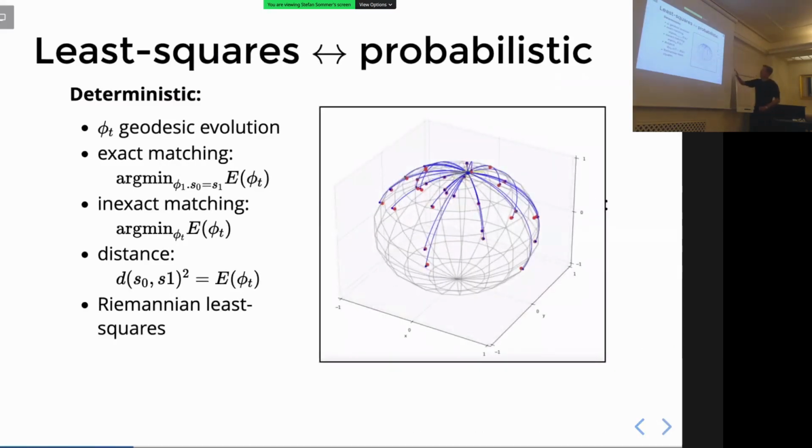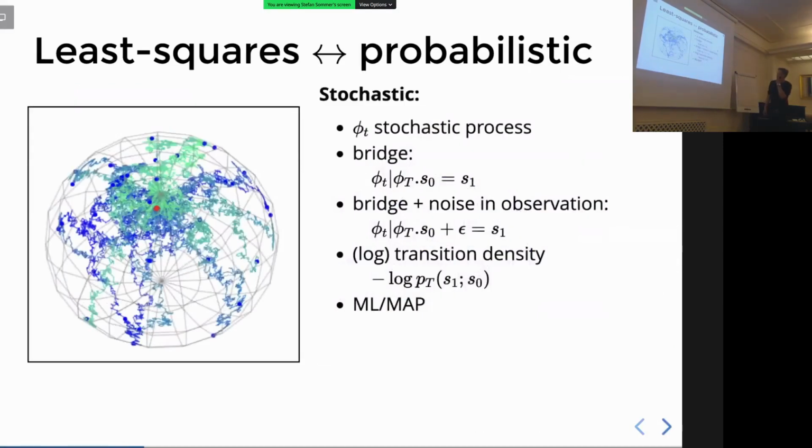Okay, so that was the least squares view on how to do this. So let's take this more stochastic view. Now in the shape case, we had these stochastic processes. If we look at the S2 case here, from the mean to each data point, we have a stochastic process instead of a smooth geodesic. Now if we start here and condition on hitting here, or we start at one shape and condition on hitting the other shape, we get a stochastic bridge.